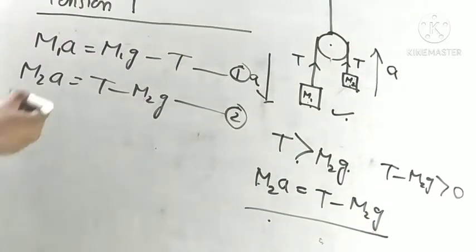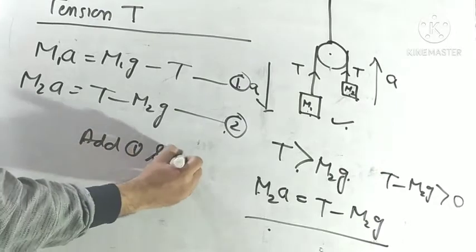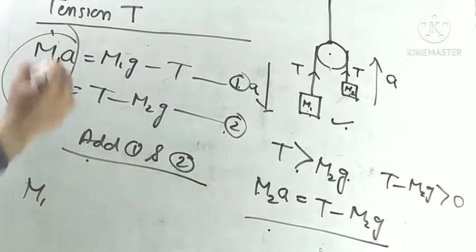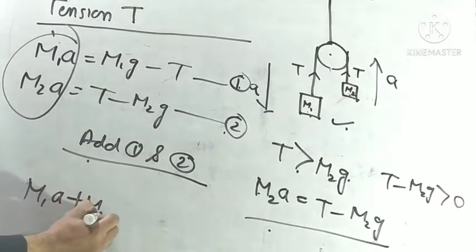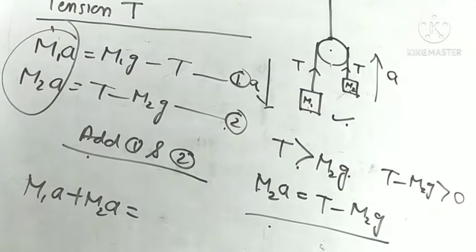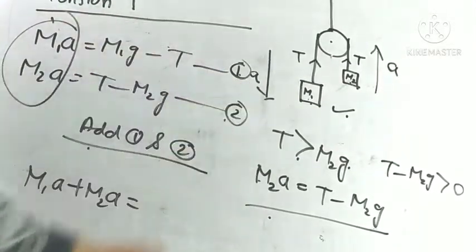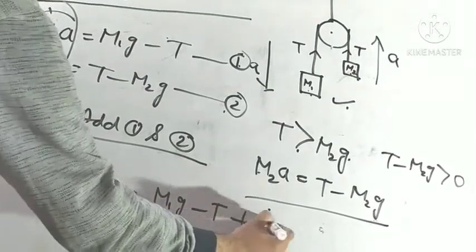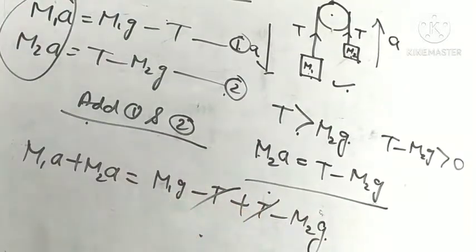So now we add both these equations, equation number 1 and equation number 2. Firstly, the left-hand side of both equations gives m1a plus m2a, and the right-hand side gives m1g minus T plus T minus m2g. T and T cancel each other.